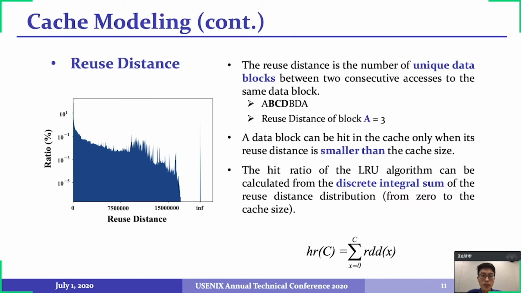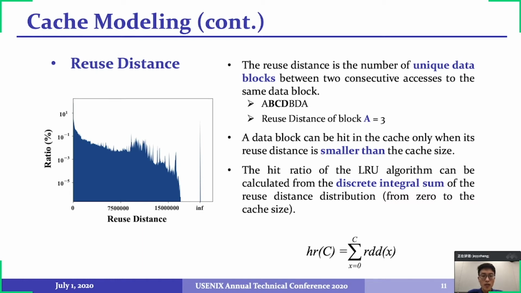Specifically, the reuse distance is the number of unique data blocks between two consecutive accesses to the same data block. For example, suppose a reference sequence is A, B, C, D, B, D, A. The reuse distance of data block A is 3 because the unique data set between two consecutive accesses to A is B, C, D. For an LRU cache, a data block can be hit in the cache only when its reuse distance is smaller than the cache size.